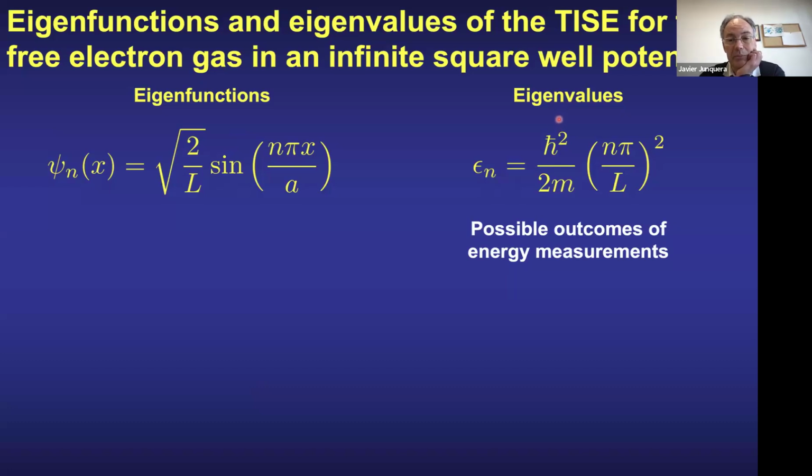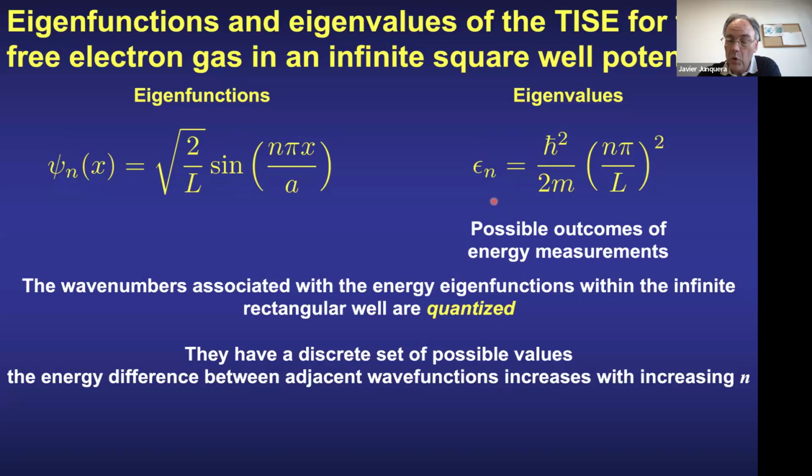So the eigenvalues are the possible outcomes of energy measurements, the possible energies of a particle confined in an infinite square well potential. And as you can see here, one very important conclusion is that not all the energies are allowed. In particular, the wave numbers associated with the energy eigenfunctions within the infinite rectangular well are quantized.